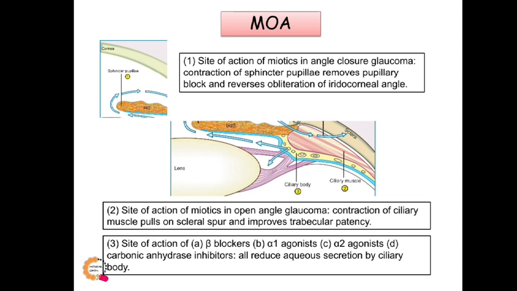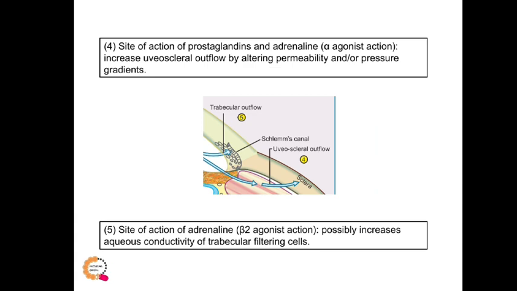And site 3 is the ciliary body. Here drugs like beta blockers, alpha 1 agonists, alpha 2 agonists, and carbonic anhydrase inhibitors act to reduce the formation of aqueous humor as well as its secretion from the ciliary body. And the fourth one is the uveoscleral outflow.